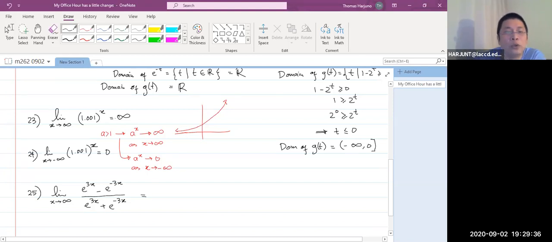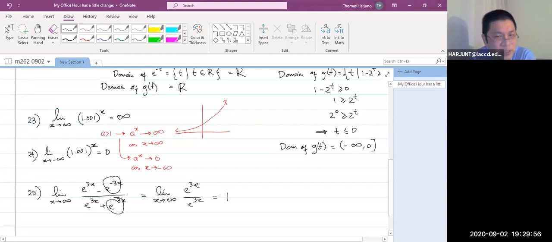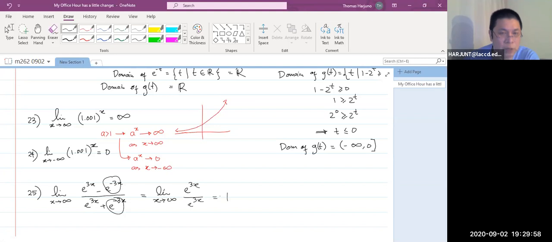One thing you cannot do is the following though. Some of you may say, oh, this becomes 0, right? So this is limit x going to infinity of e to the 3x over e to the 3x. That equals 1. Now, if you did it this way, you make at least 2 very crucial mistakes.